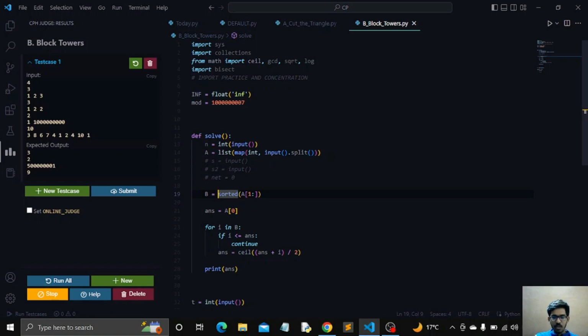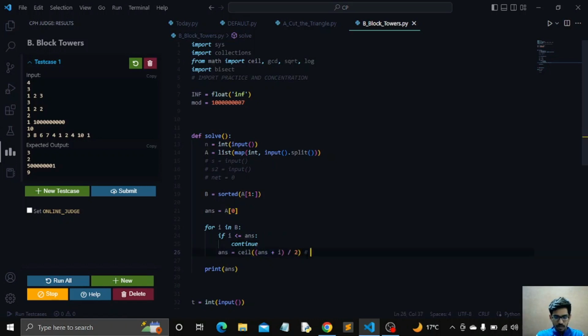Now we will iterate through the sorted heights, and one by one we are going to check if it is possible to perform the operation. So if the height of the tower is less than or equal to the current height of the first tower, it means we cannot perform the operation and we will continue. But otherwise, if the height of the tower is greater than the current height of the first tower, it means we can perform the operation here.